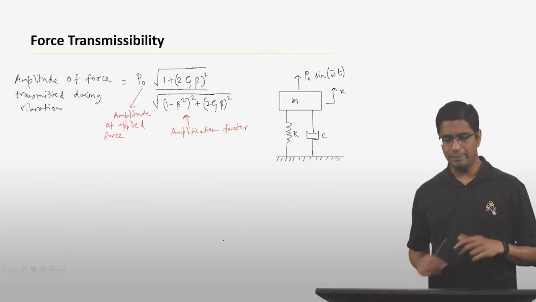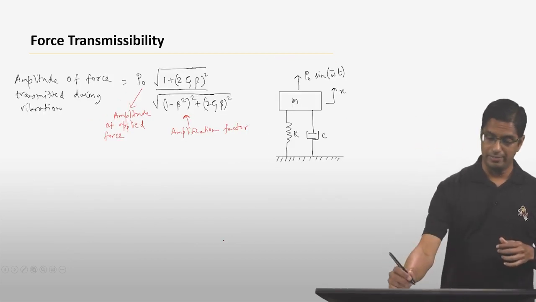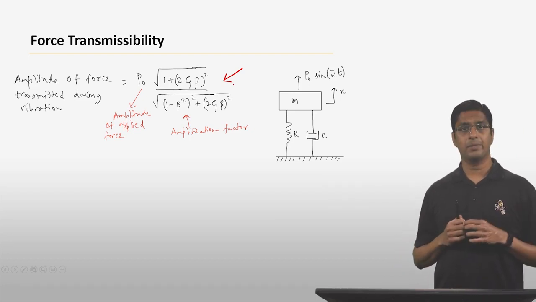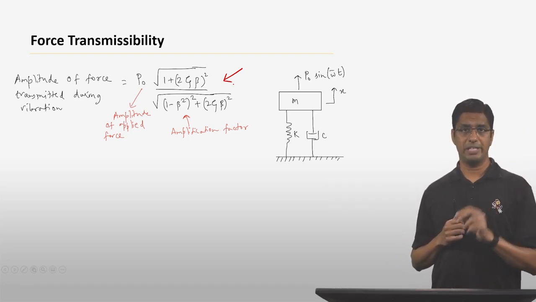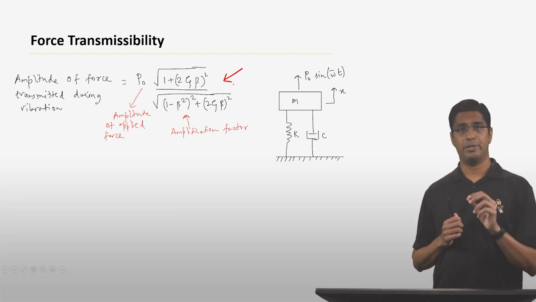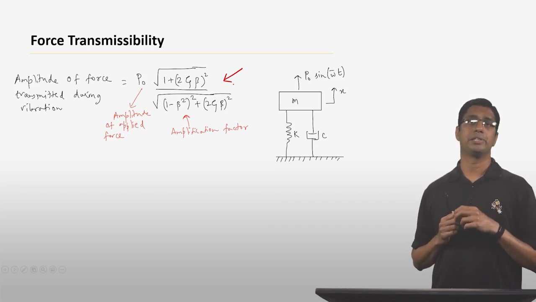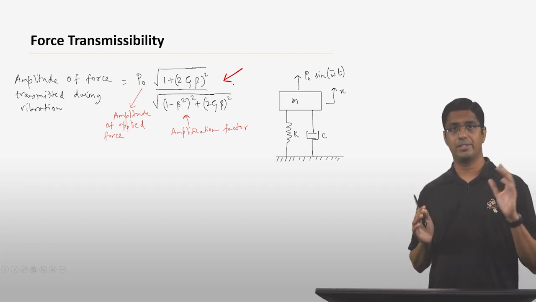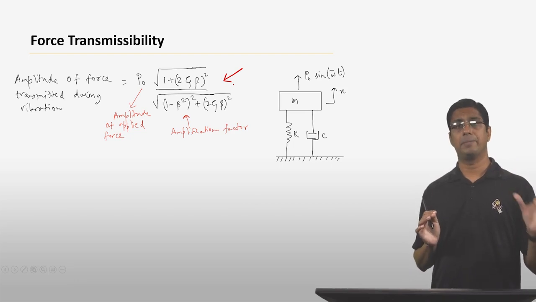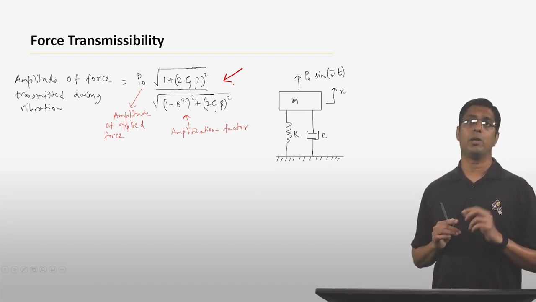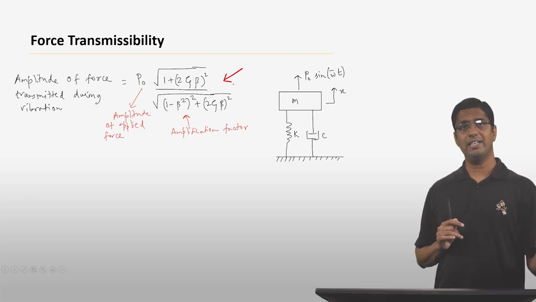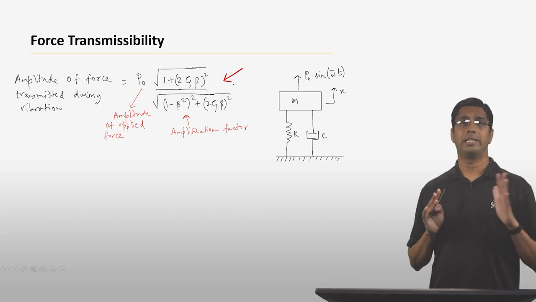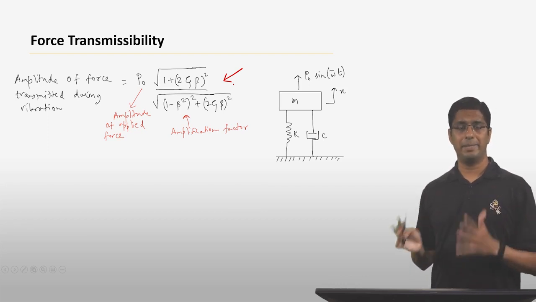So eventually you end up with a very simple formulation for the amplitude of force, which is P naught times square root of 1 plus 2 zeta beta the whole square divided by square root of 1 minus beta square the whole square plus 2 zeta beta the whole square. So you need to know beta, the frequency ratio, which is omega bar by omega n, and the damping ratio, zeta, which is c over c c. That can give you the amplitude of the force that is transmitted to the base during vibration.